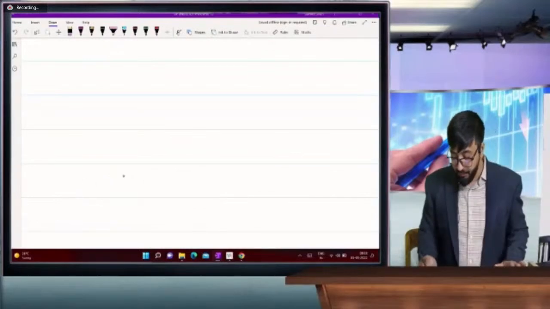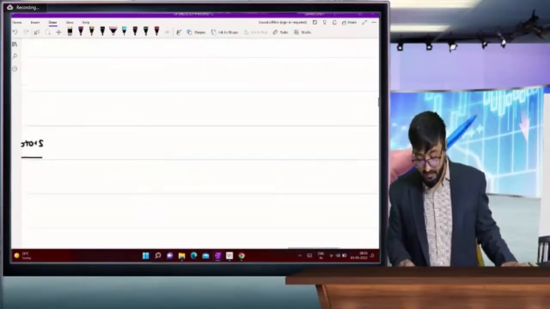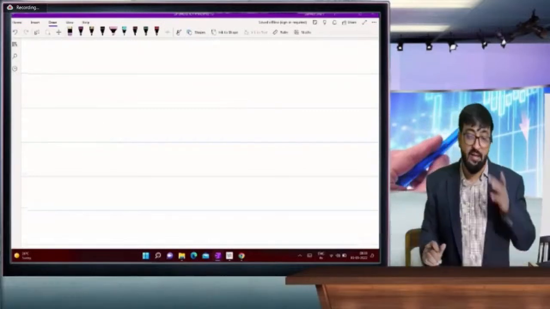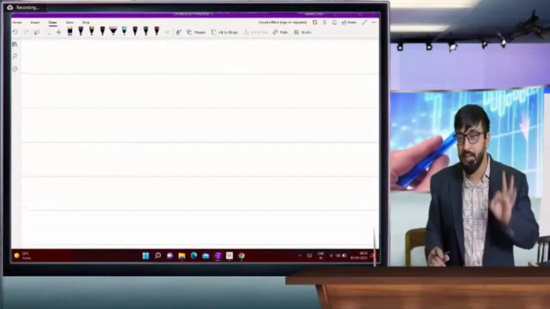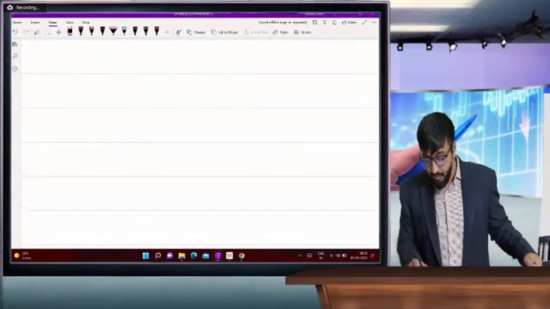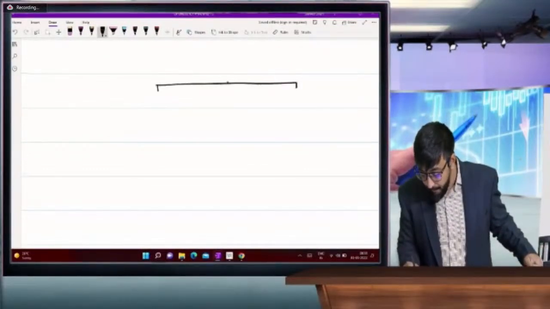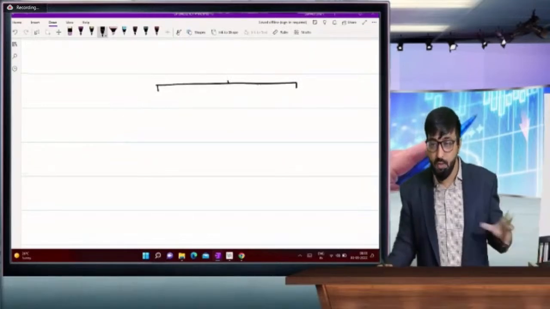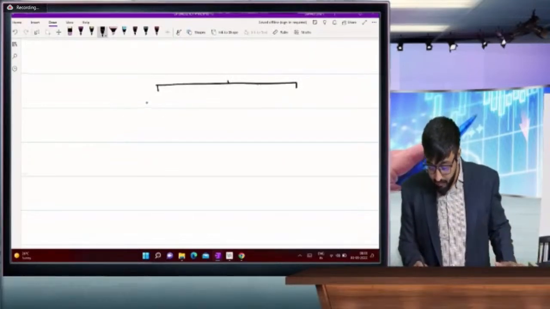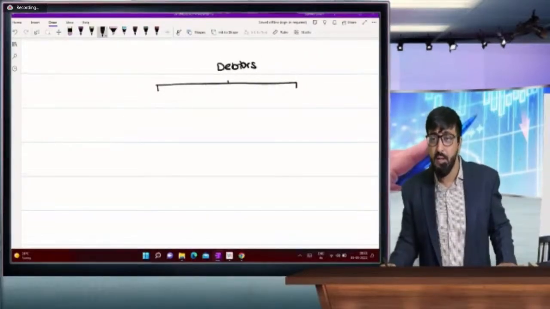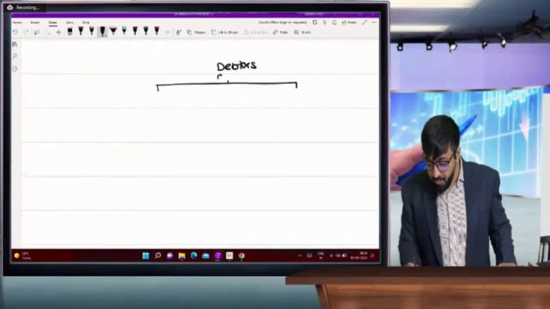Now beta, 90% of faculties will prefer debtors method. So beta, how to recall? Suppose debtors method, don't write anything, it is only for your concept clarity. For debtors method, you have two options.